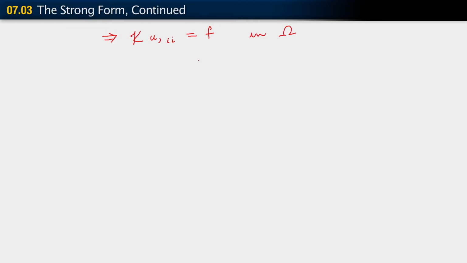So this form of the equation is often called the Poisson equation. In direct notation, the same thing would be kappa del square u.